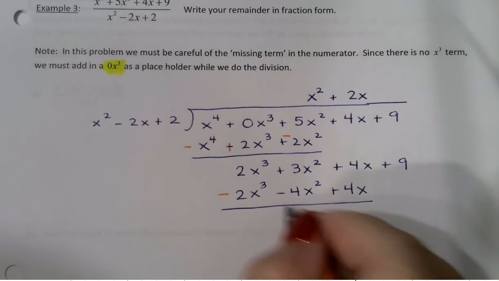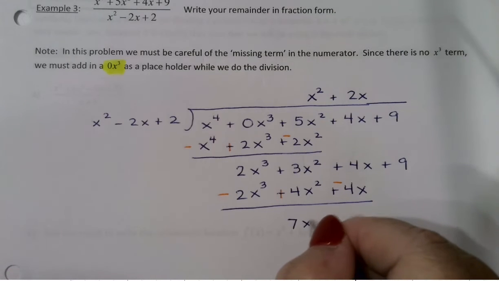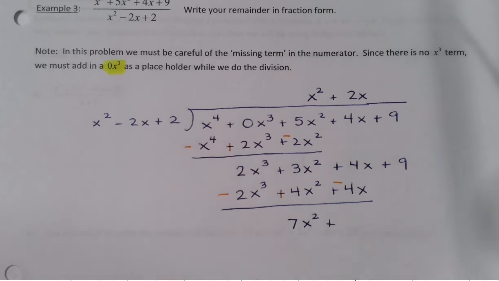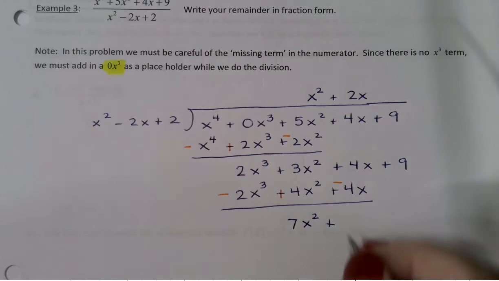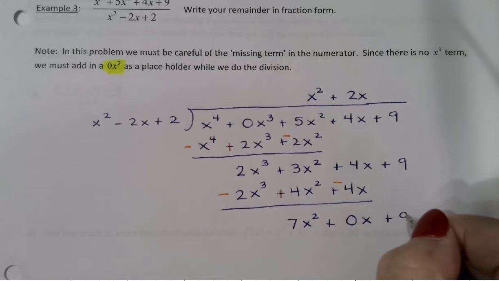Subtracting is negative, positive, negative. So I have 7x squared. Now this would be a missing term. The 4x minus 4x is 0x, so I'm going to be sure I write it down, plus 0x. I don't want to lose that spot. Plus 9.